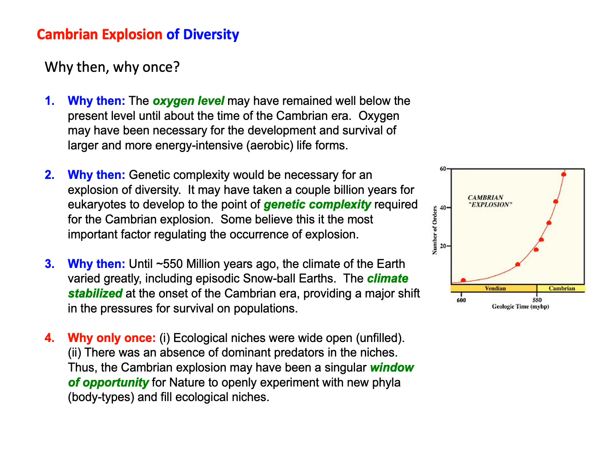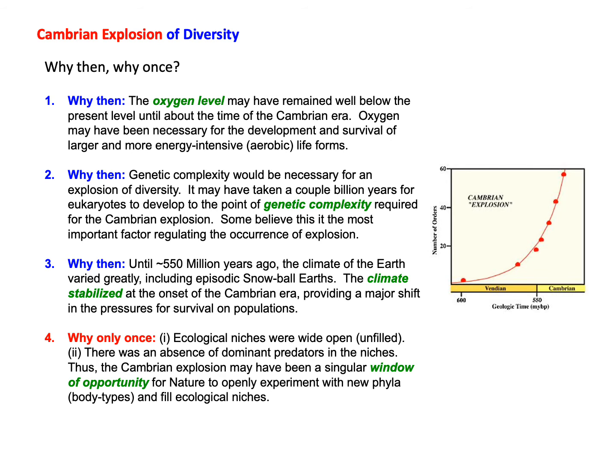So aerobic energy was just not fast enough. High intensity aerobic energy was required. So you couldn't have it before the rise of oxygen, is basically the point of that one. And the reason why is because faster metabolism and aerobic metabolism were required for such an explosion to occur.